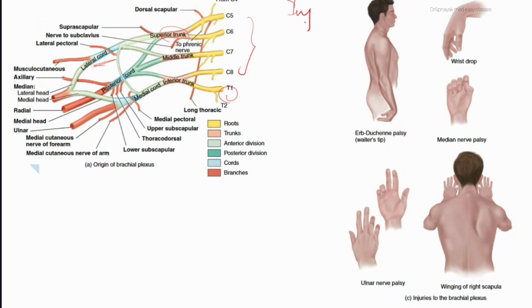This is the image of injuries or the disorders that occur due to injuries to the brachial plexus. The first is Duchenne palsy or the waiter's tip, where the patient's wrist drops, and this is also a wrist drop which occurs due to the injury to the brachial plexus.